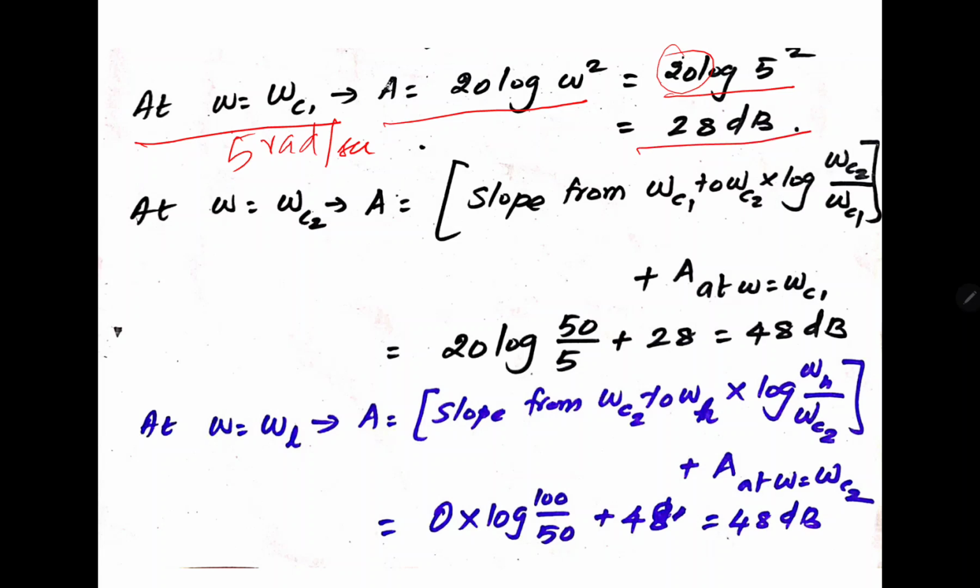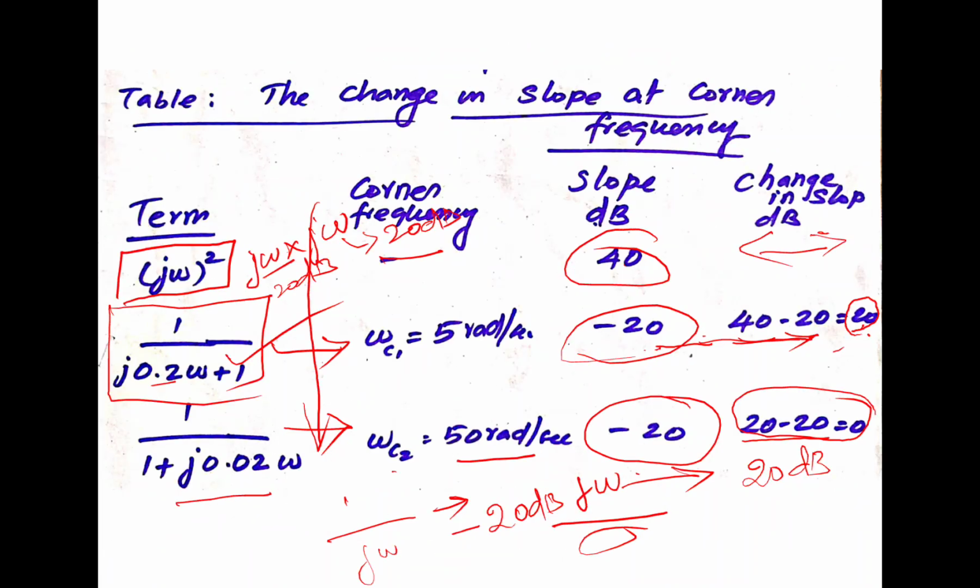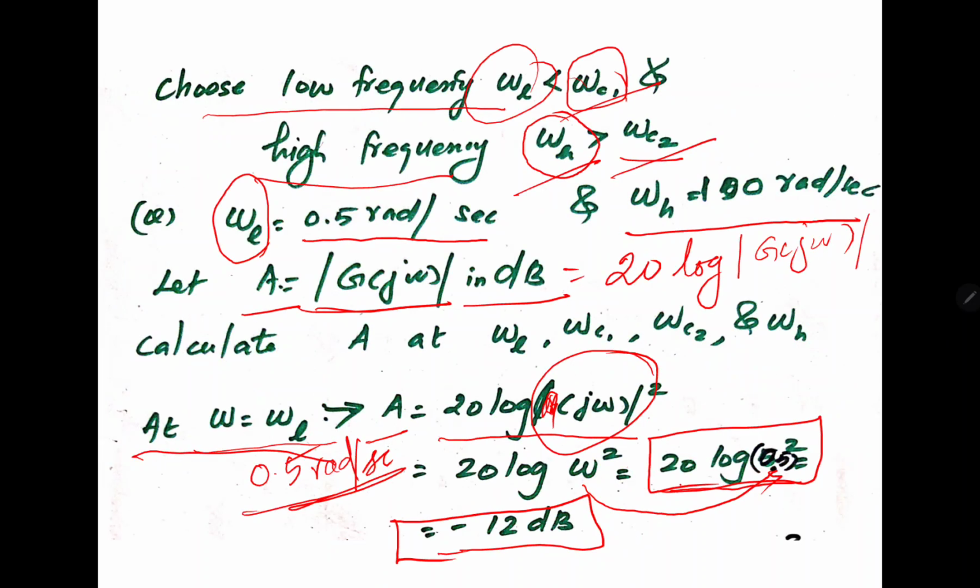Now when we move from the first corner frequency to the second corner frequency, there is a change in slope recorded in the table. That change in slope is 20 dB, which we have to consider.